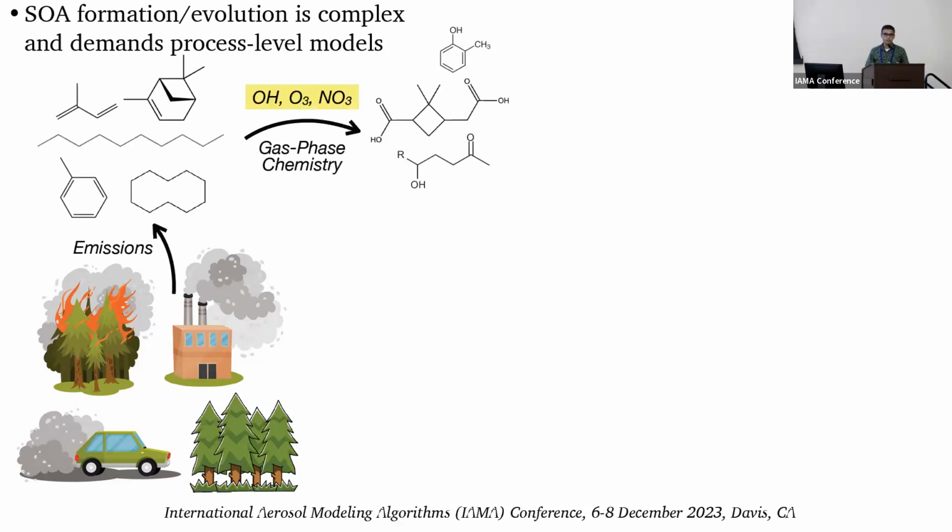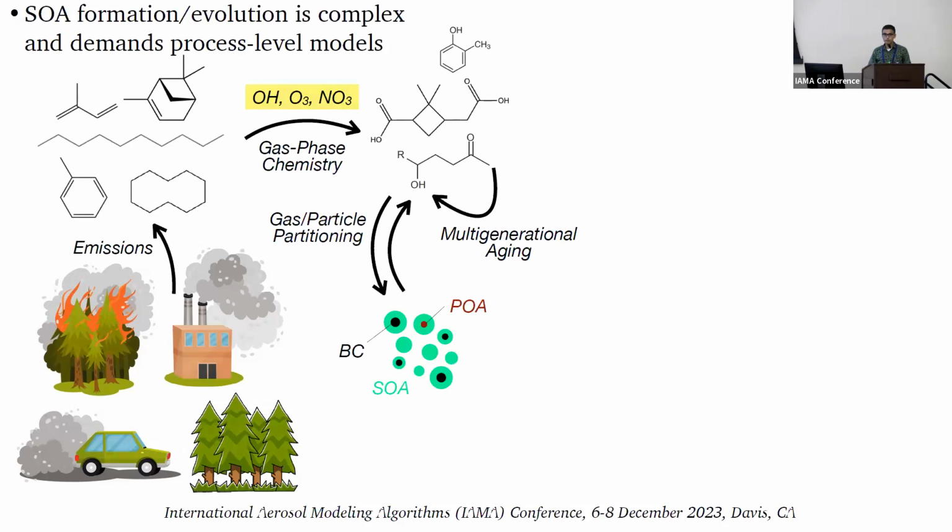They can react in the atmosphere by interacting with oxidants, OH, ozone, nitrate radical, and form the oxidized products. These will continue to react with oxidants through a process of multi-generational aging, where the properties of these oxidized products will continue to change. Some of these will partition into the particle phase, and condense on pre-existing aerosol, or as we've learned today, nuclei to form new particles.